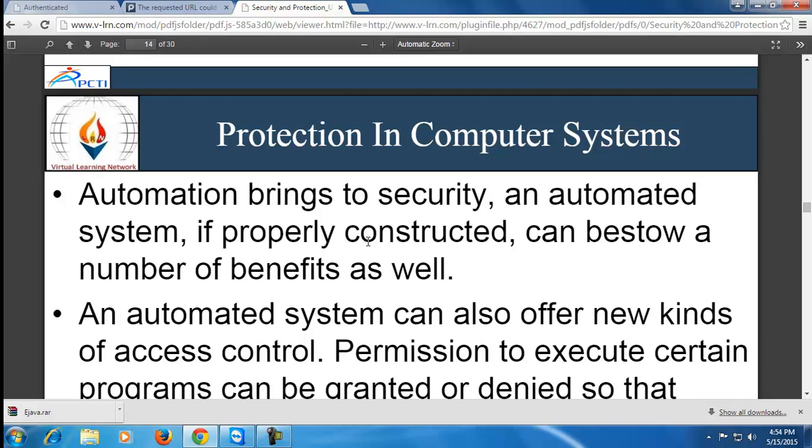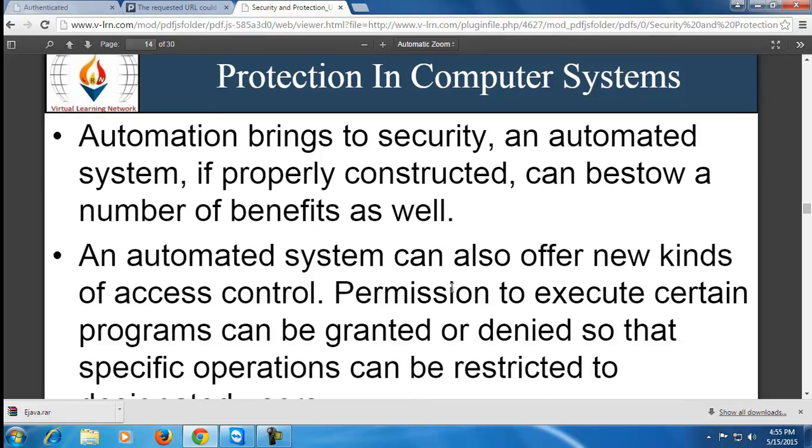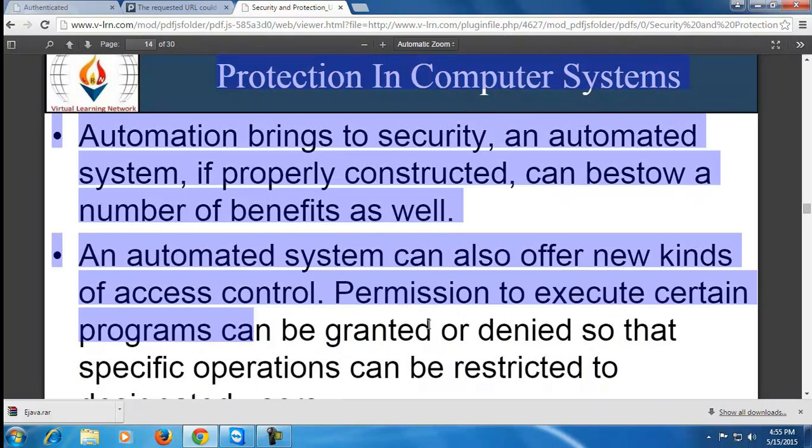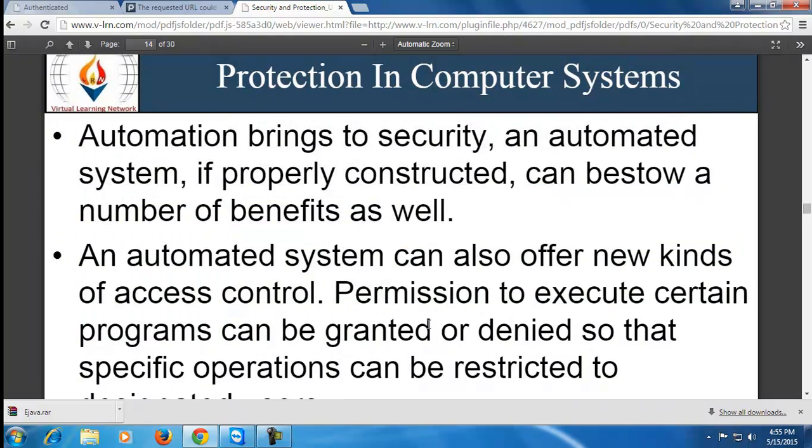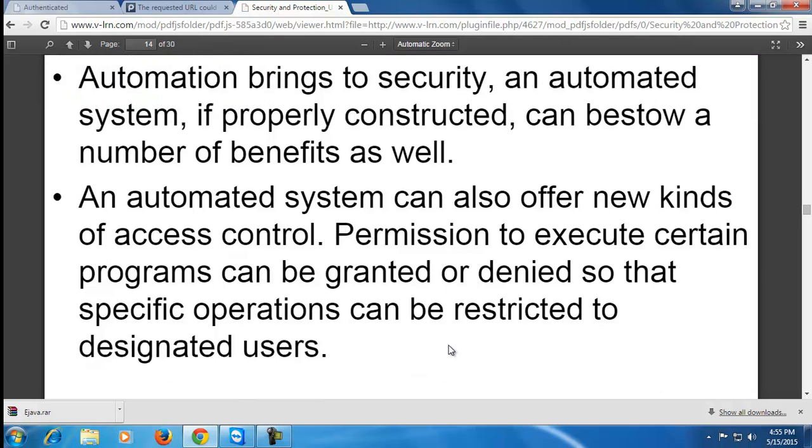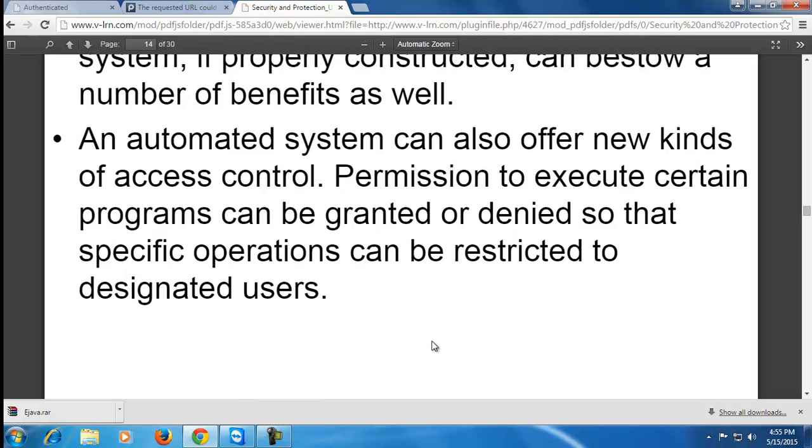An automated system can also offer new kinds of access control inside the permission set inside the system and allow the permission to execute. Certain programs can be granted or denied so that specific operations can be restricted on the system and to the designated users.